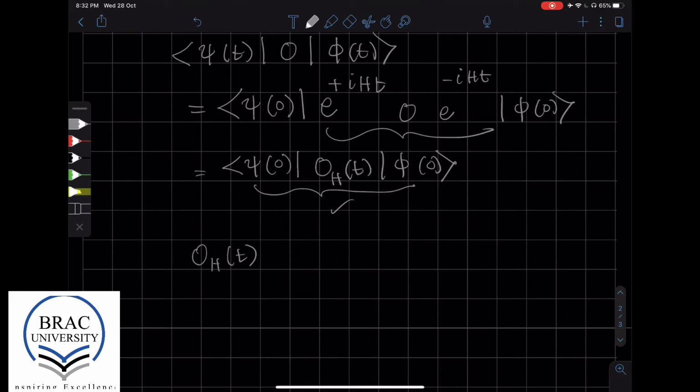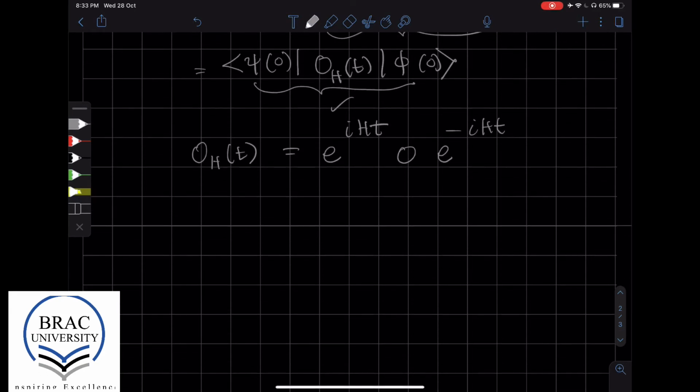Of course, we've just seen that its definition is given by e to the power iHt, O in the Schrödinger picture, times e to the power minus iHt. Now, the Heisenberg equation of motion, which is the time derivative of O: suppose that the original Schrödinger picture operator O is independent of time.